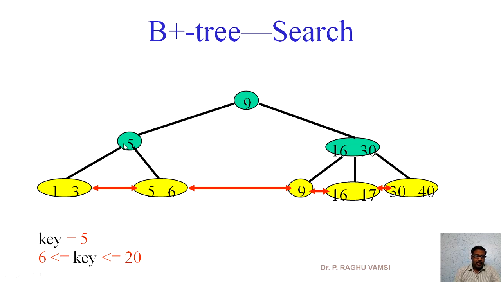Going back to the root and coming back to the right-hand side is a time-taking process: steps 1, 2, 3, 4. But from 6, you can directly traverse just one or two items, and then you can easily find the keys when the search is made in a particular range.